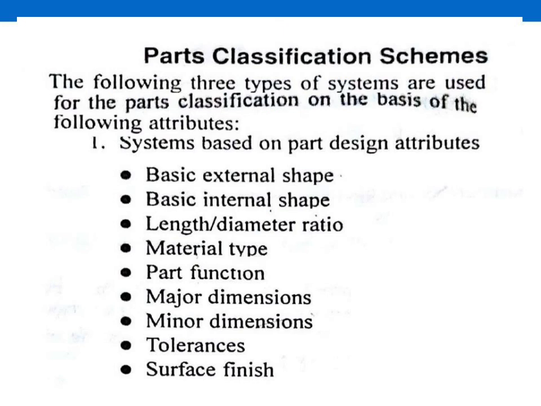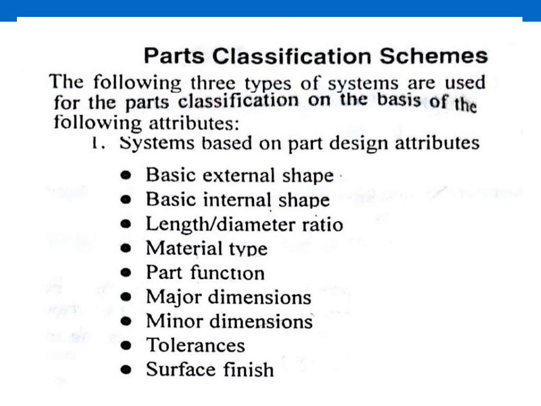The following three types of subsystems are used for part classification. The three attributes are there. First is the system based on the design attributes, means we do the classification based on the design attributes. What are design attributes?